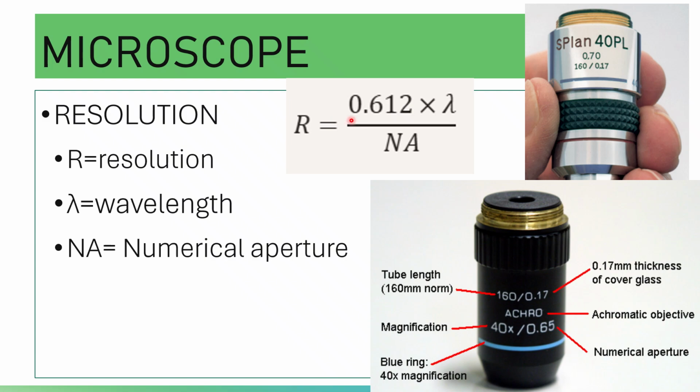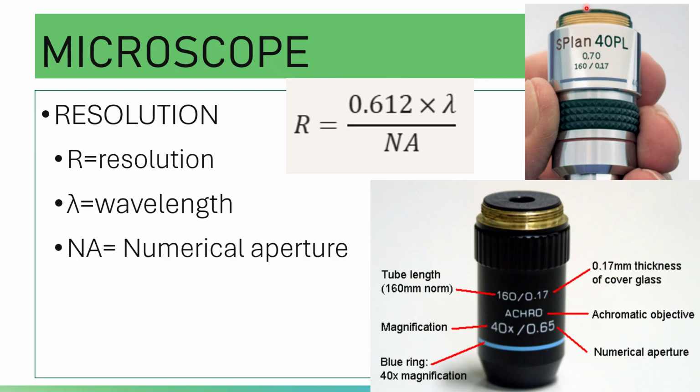Resolution is equal to 0.612 times the wavelength, divided by the numerical aperture. Please note that numerical aperture is usually written on the lenses.